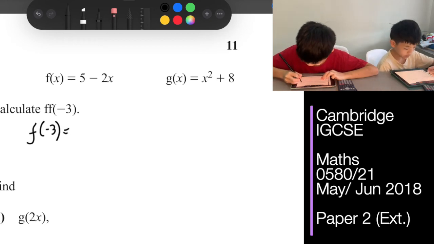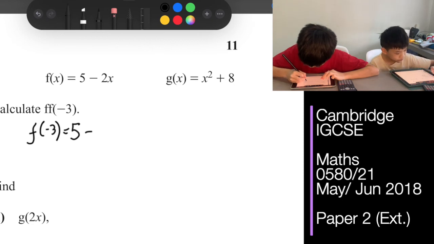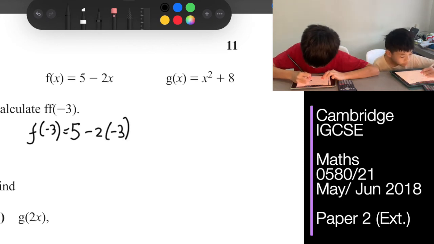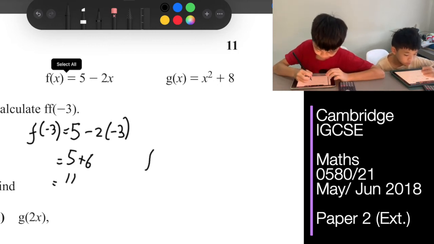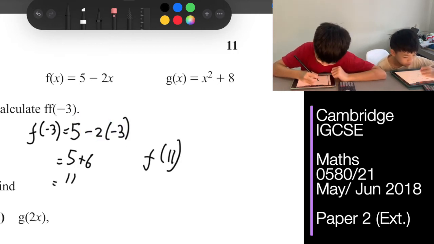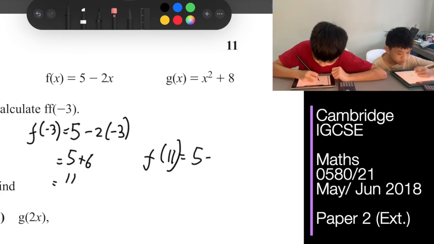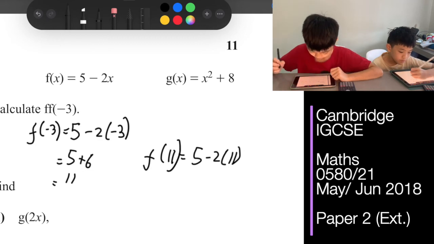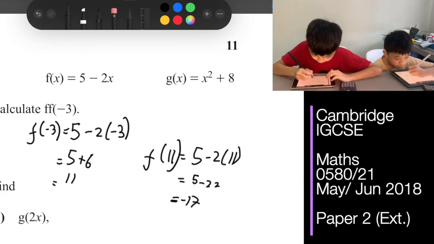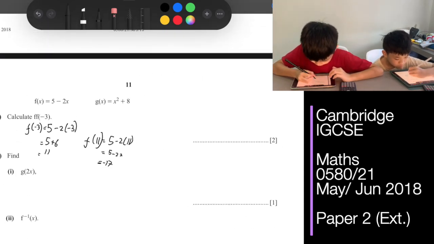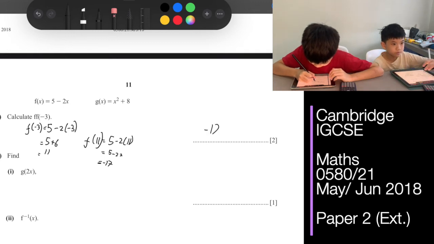So first we find f(-3) equals 5 minus 2 times negative 3, which is equal to 5 plus 6, which is equal to 11. f(11) is equal to 5 minus 2 times 11, which is equal to 5 minus 22, which is minus 17.